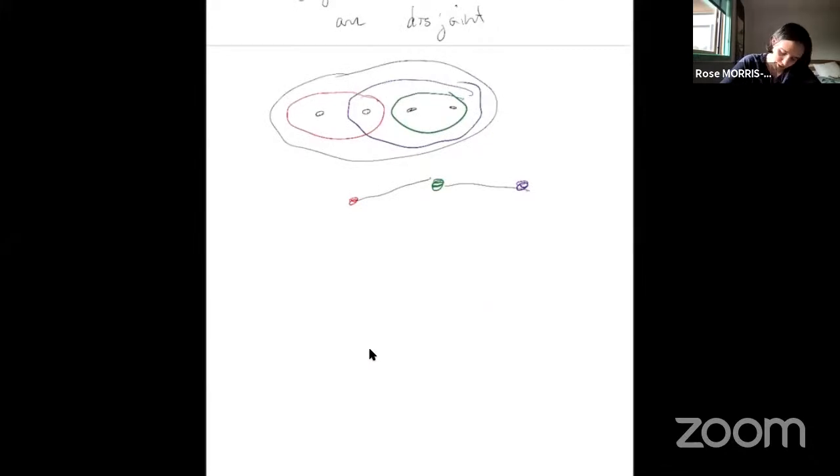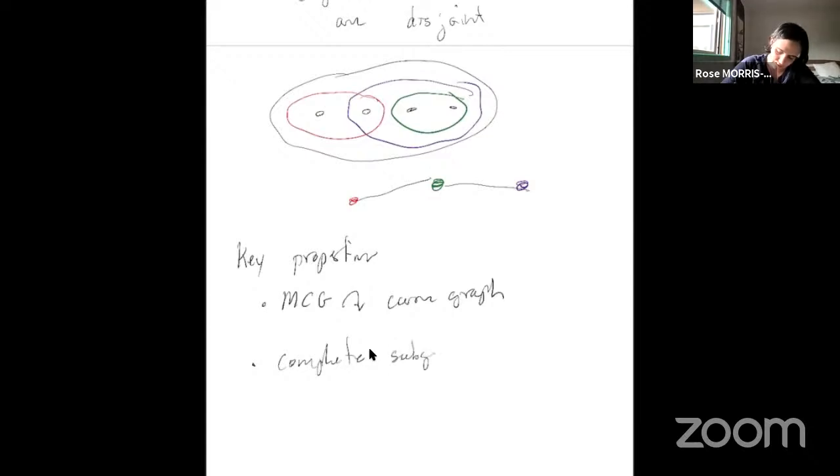And why do we care about this? The key properties: first of all, my mapping class group, which remember is just my braid group, acts on the curve graph in some nice ways. And a complete subgraph, a clique inside my curve graph, corresponds to a free abelian subgroup inside my mapping class group.